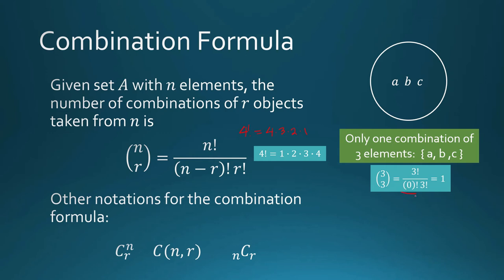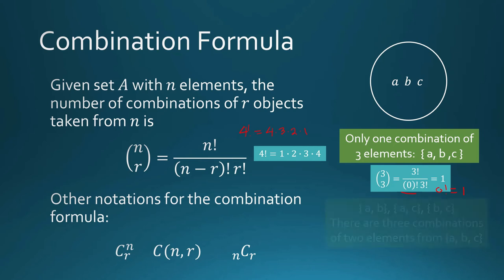This came from 3 minus 3 factorial divided by 3 factorial and 0 factorial. Just in case you forgot this, this is one of your properties of factorial. It's part of the definition of the factorial notation. 0 factorial is equal to 1.